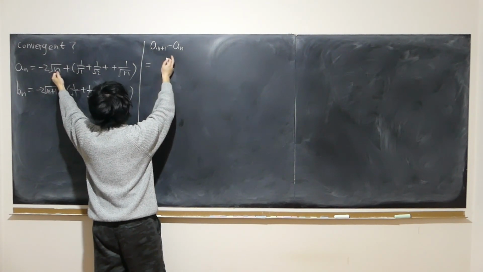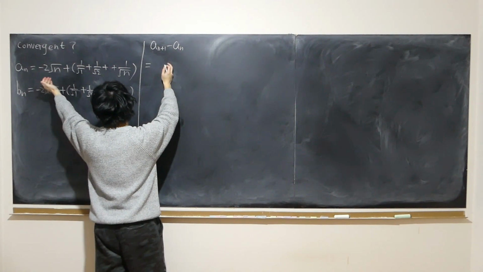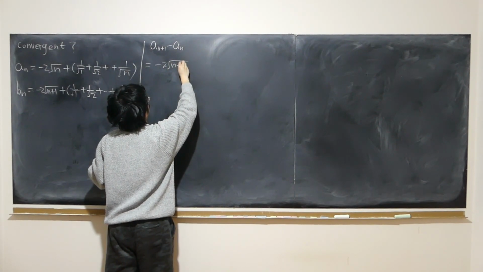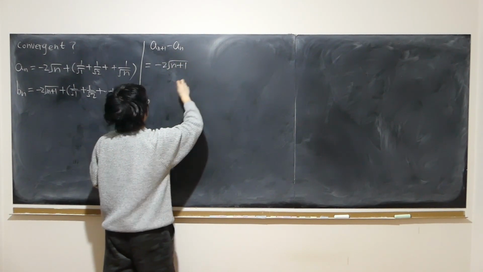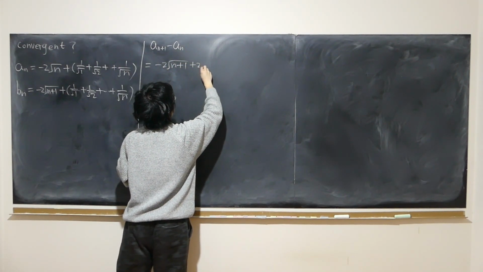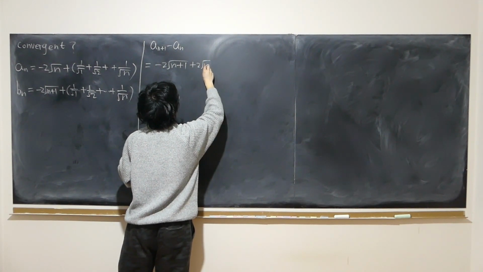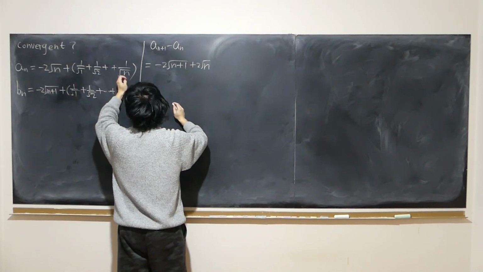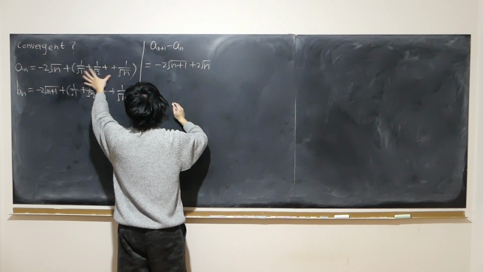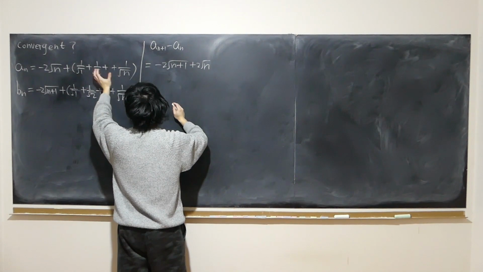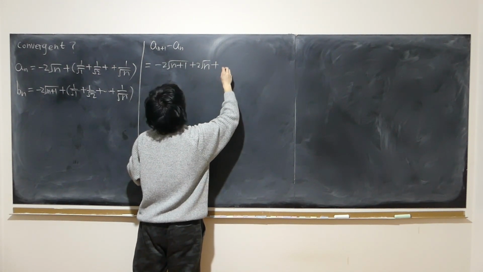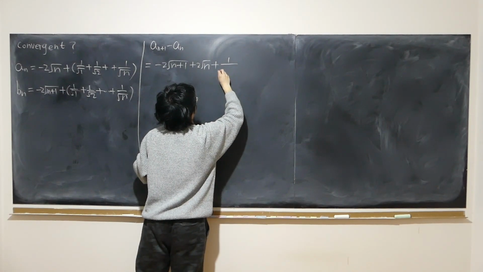So if I take their difference, I should have exactly minus 2 times the square root of n plus 1, and minus minus becomes plus twice the square root of n. And remember, 1 over square root of 1 all the way up to 1 over square root of n just cancel out. I'm only left with the last item, that is just plus 1 over square root of n plus 1.